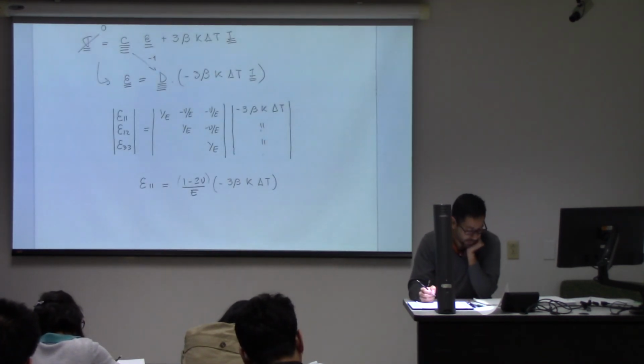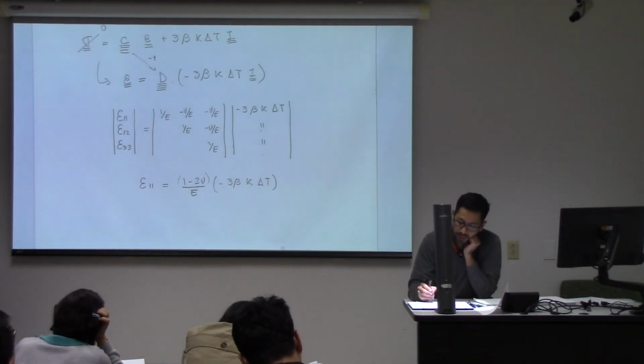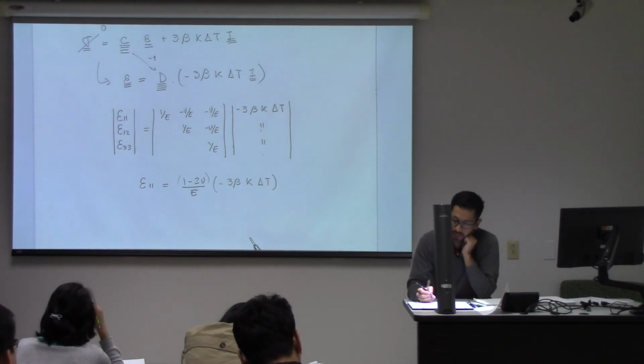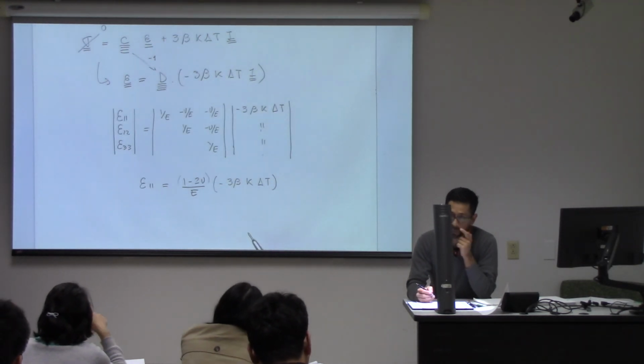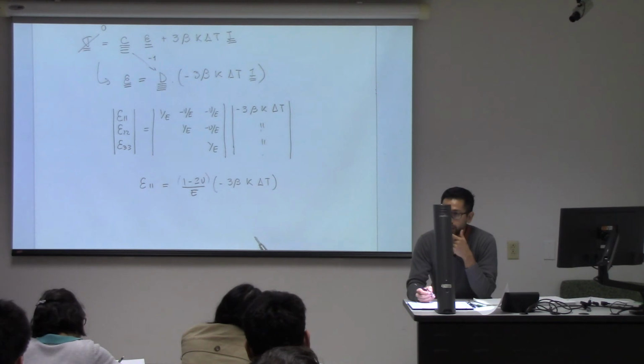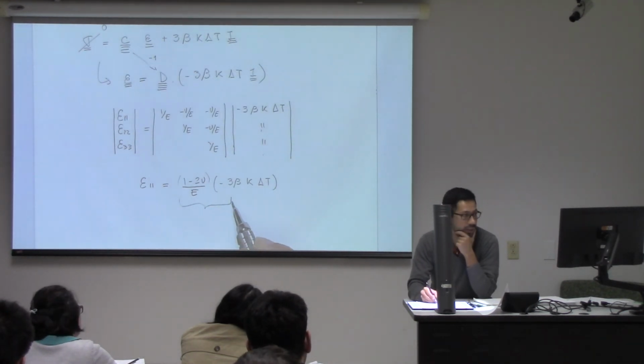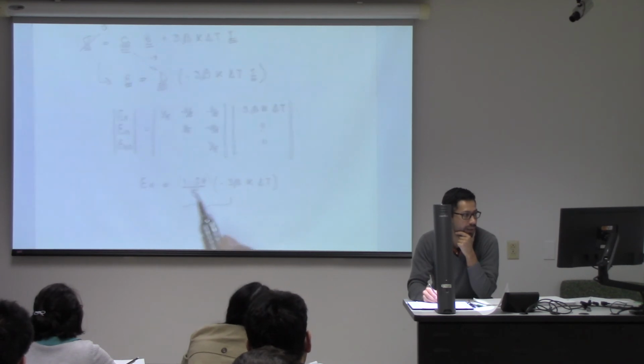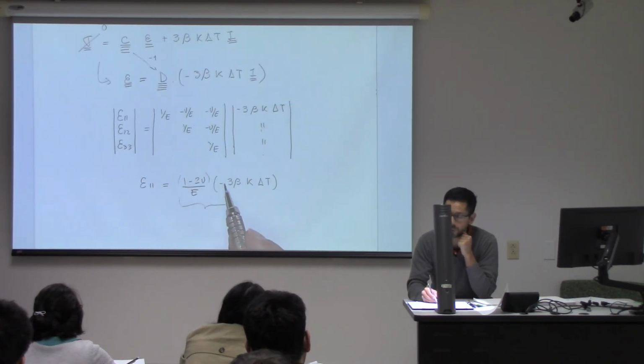And you can further work with this. Do you remember what is the bulk modulus in terms of Young modulus and Poisson ratio? It's exactly this. It's Young modulus divided by 3 times (1 minus 2 Poisson ratio).